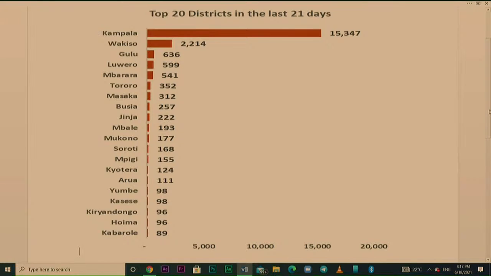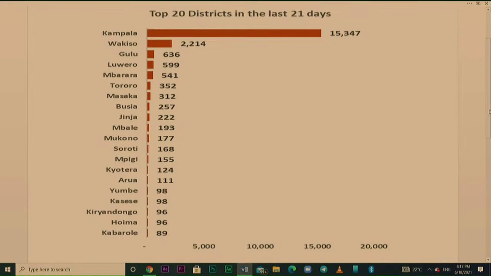Wakiso is the next one, 2,214. Gulu, 636. Ruero, 599. Mbarara, 541.